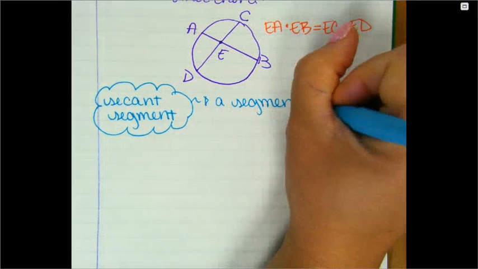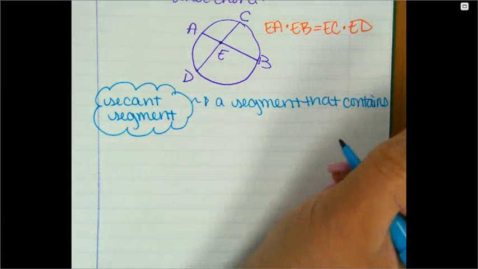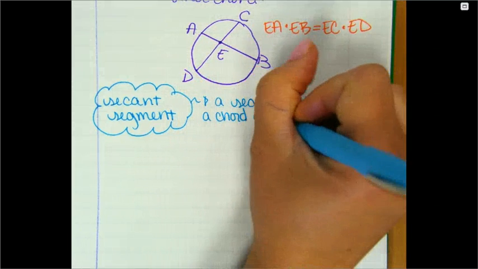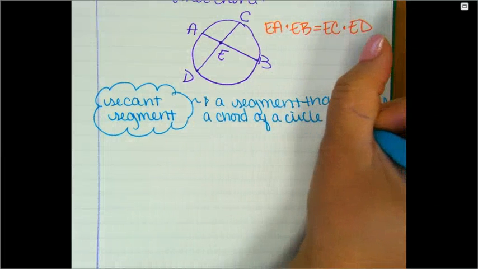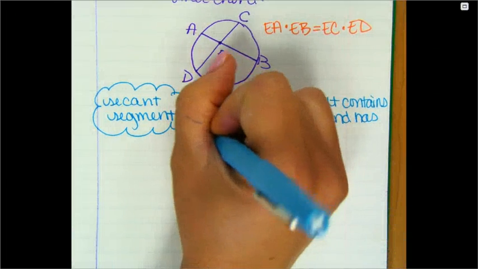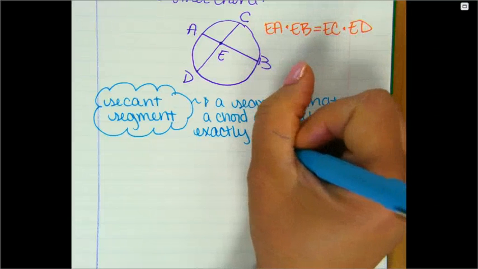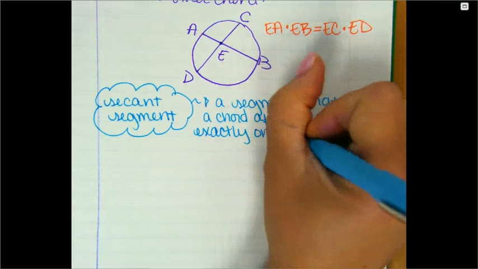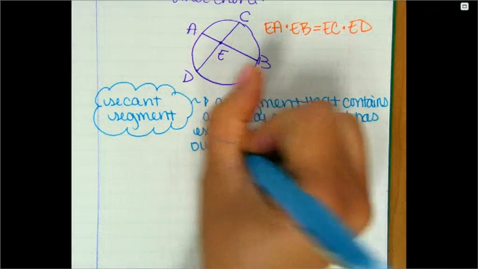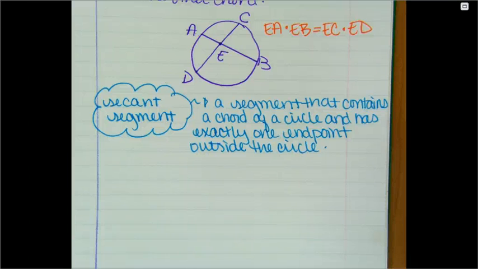Now the secant segment is a segment that contains a chord of a circle and has exactly one endpoint outside the circle. Which means the other endpoint is located where? On the circle, right?